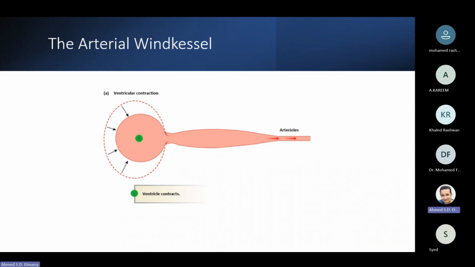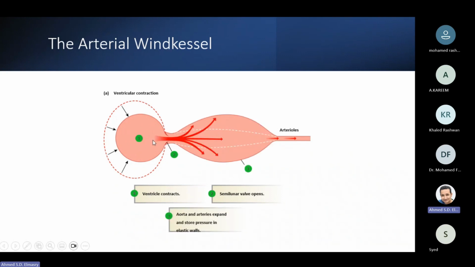What happens in reality is that the left ventricle starts the contraction, and the aortic valve starts opening, and the blood is ejected from the left ventricle to the aorta distally, and part of the blood is stored in the wall of the aorta, because the aorta has the characteristic of blood vessels, which is the ability of distensibility and also the ability of elastic recoil.